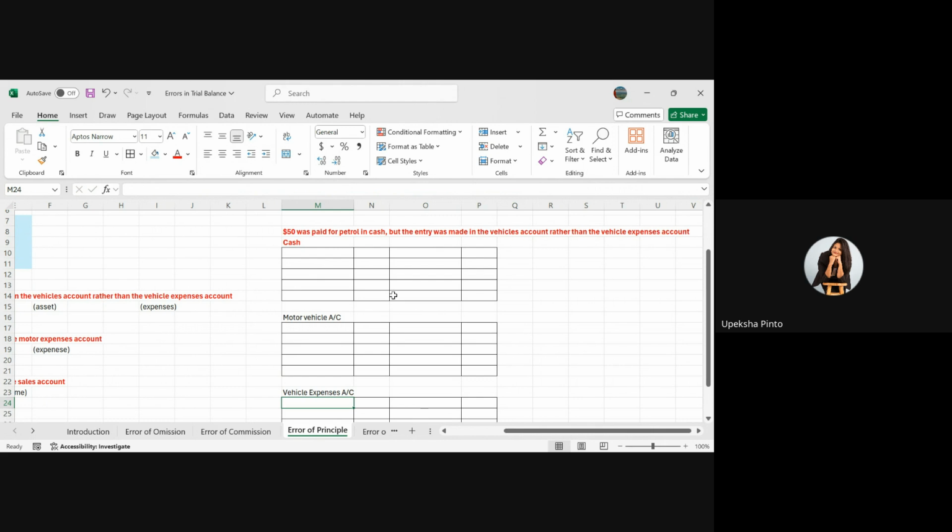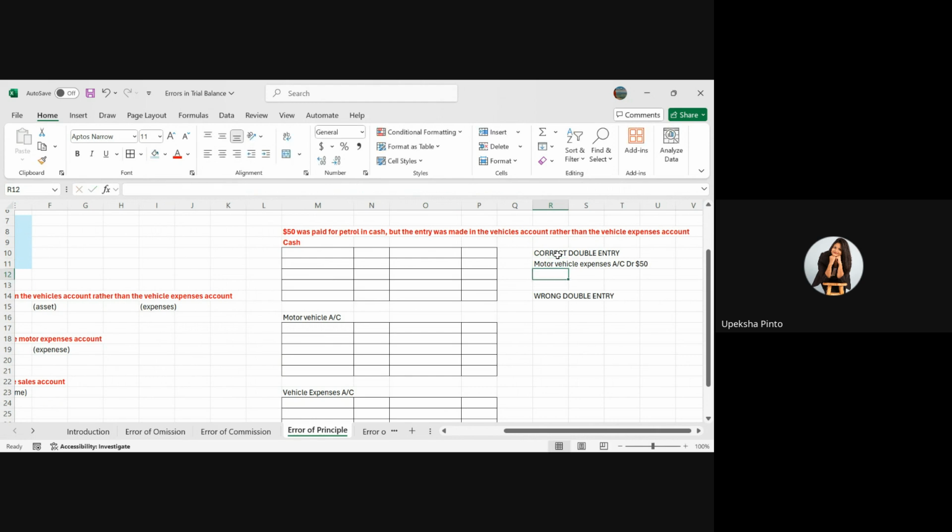Okay, so we'll see how you correct it. $50 was paid for petrol in cash, which was entered in the vehicles account rather than the vehicle expenses account, right? So I have a correct double entry here, and I have a wrong double entry here, right? So what's my correct double entry? I have paid for petrol, which is a motor vehicle expense, in cash, right? So expenses are debited, so the motor vehicle expenses account is debited by 50.